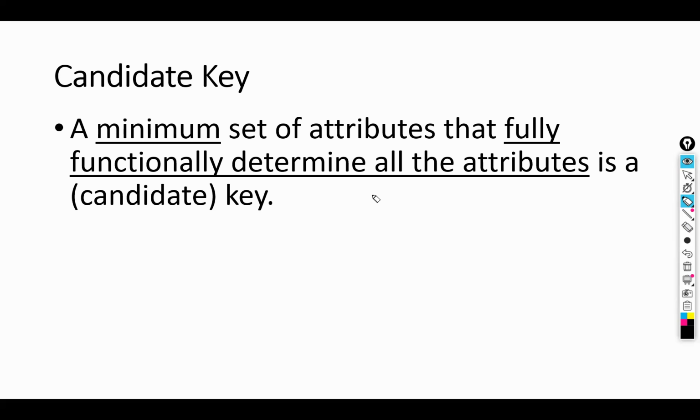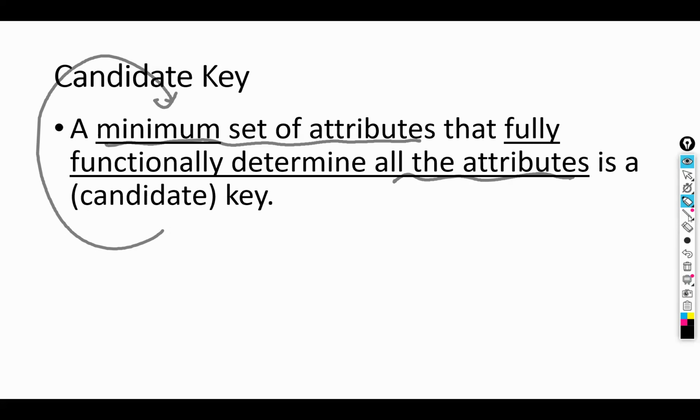So what is a candidate key according to this abstract definition? A minimum set of attributes that fully functionally determines all the attributes is called a candidate key. I don't know whether you get anything out of that statement. Most probably not, when you first read it.